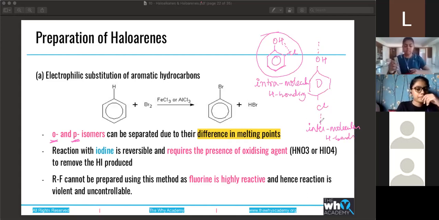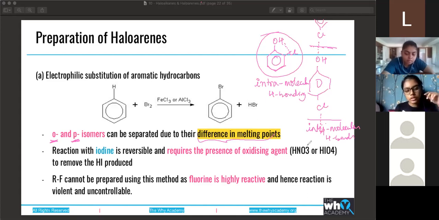So this is connected to other molecules, which is why it has a network with other molecules, and breaking the bonds between two molecules is more difficult in para than it is in ortho. So boiling points and melting points are going to be greater for para than ortho. Basically that's the root of the difference in the melting points.